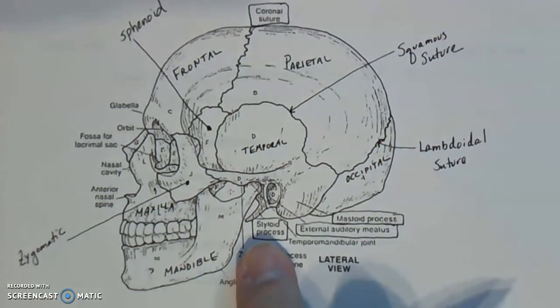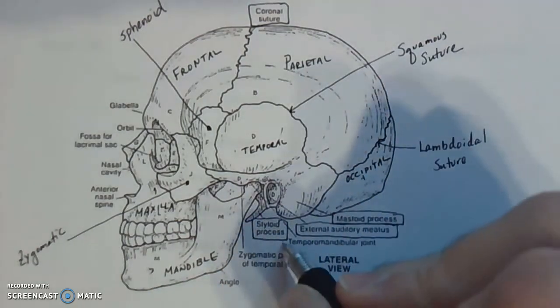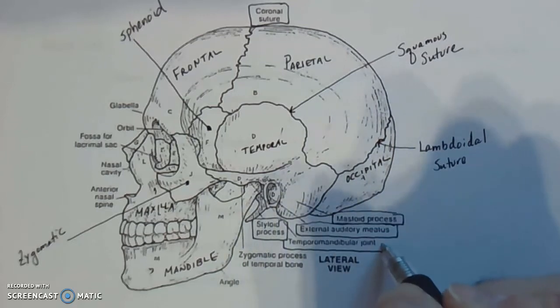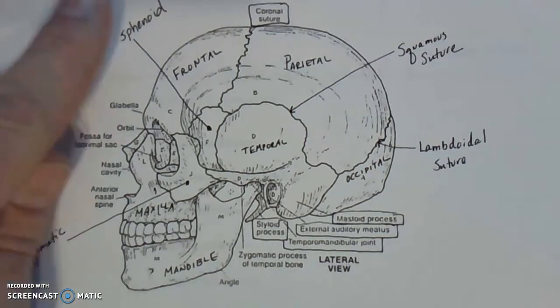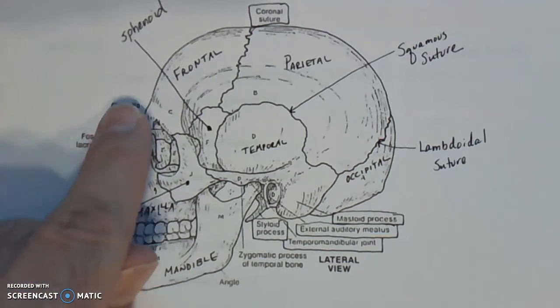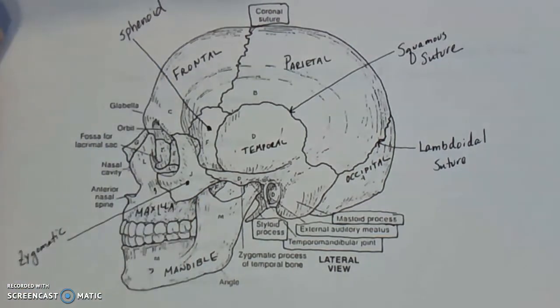Just know that, and we will talk about that in another view that's a little more prominent, but it is right there. And then the temporomandibular joint. With that, let's move back to our notes. Anything that's not marked on this view, you are not responsible for.